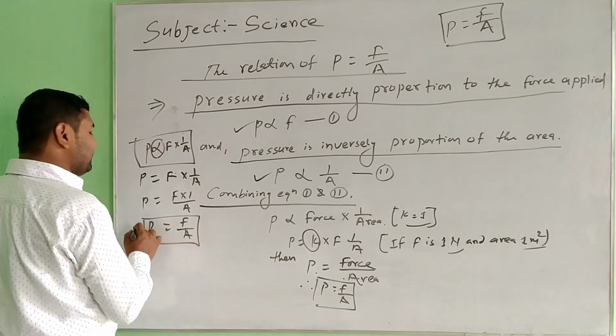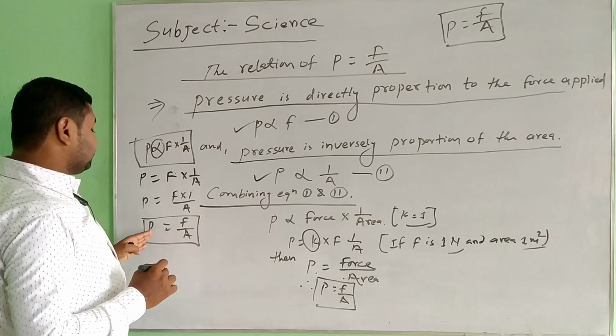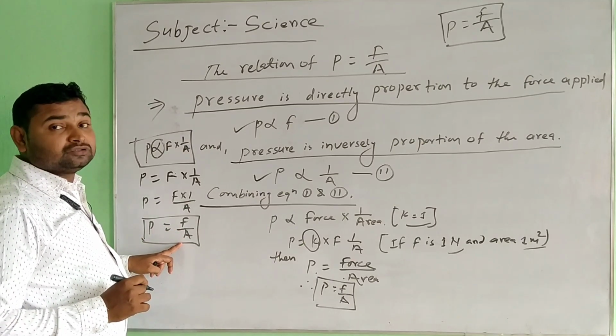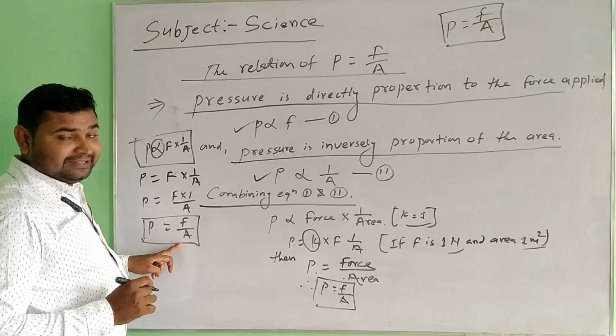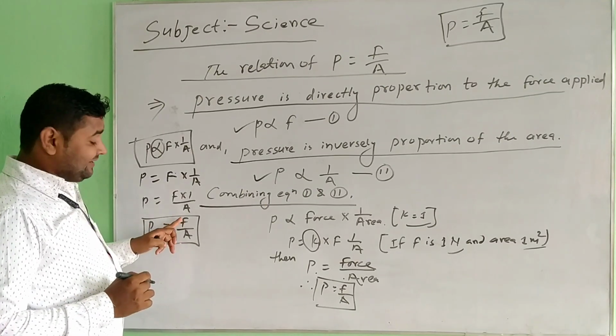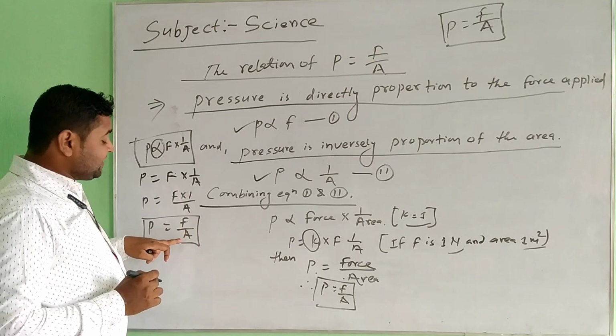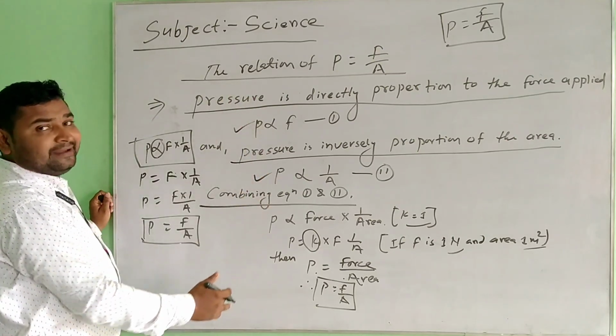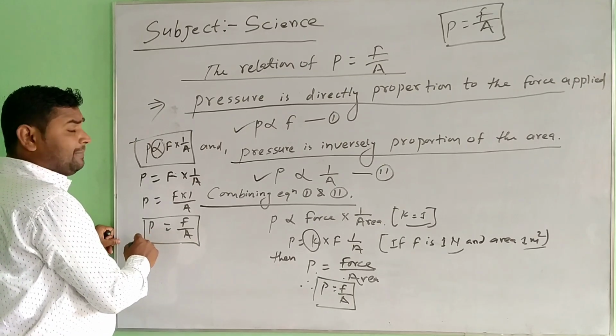This is our required derivation. Pressure is directly proportional to the force and inversely proportional to the area. In this way, you can derive P is equal to F by A.